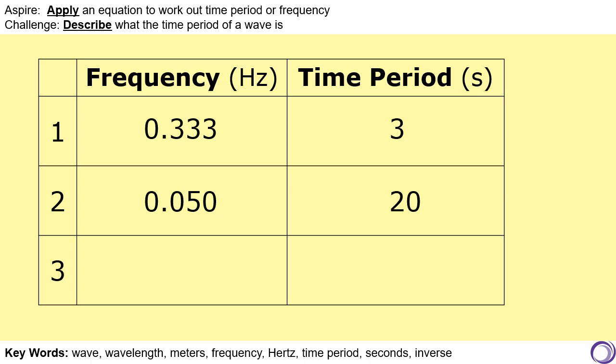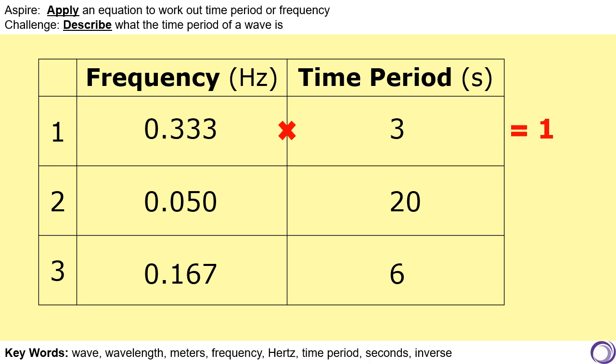And for the third wave, the frequency that we found was 0.166666 recurring, so we rounded it up to 0.167 hertz, and the time period was 6 seconds.